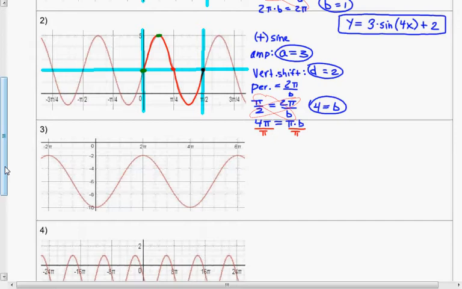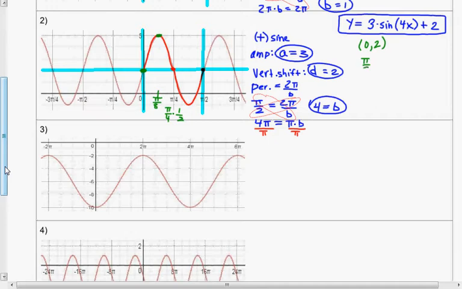So the points I see there are 0, 2, and then right. Okay, what is this mark right here? If this is pi over 4, this is half of that, right? This is pi over 8.